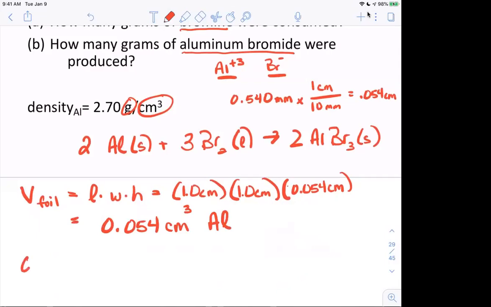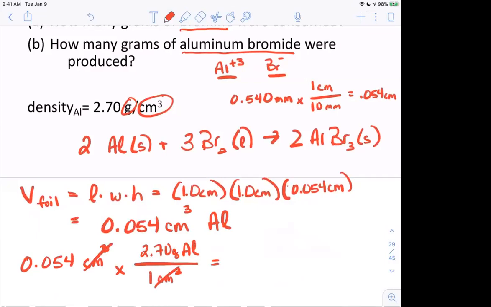So this is the volume of the aluminum. Now, if I have 0.054 centimeters cubed, I can use density as a conversion factor. For every 1 centimeter cubed, I have 2.70 grams of aluminum, right? The centimeters cubed will cancel, that gives me grams.